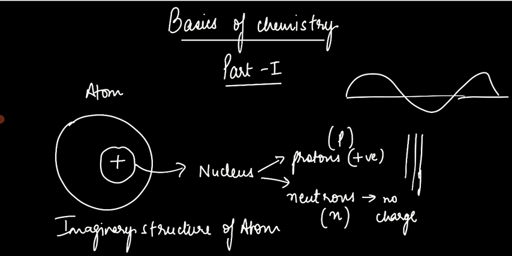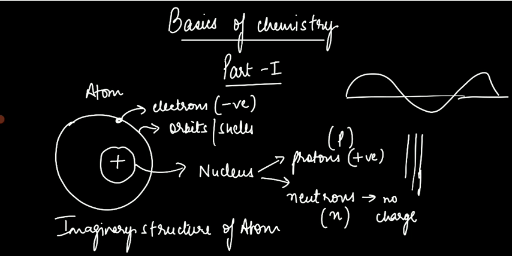I also call this the heart of an atom, because it is majorly governing many things inside an atom. And then we have electrons which are revolving in these imaginary pathways, orbits. We have negatively charged electrons over here. This is negative. So, orbits or shells.